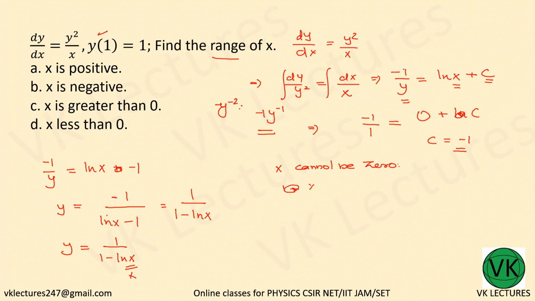So x is always positive also, because log of a negative number we don't have, so x should always be positive. So these are the two conditions, it cannot be 0 and it is always positive. So x is greater than 0 is the answer. So this is a JAM question.